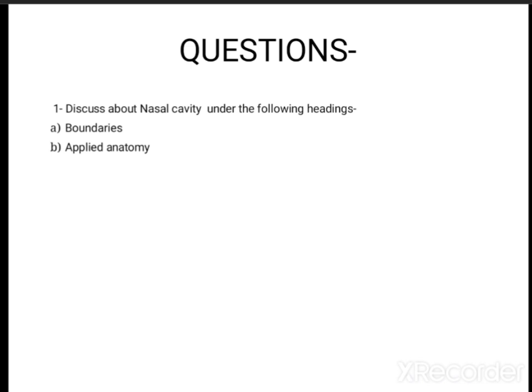In this point we have to mention all these boundaries, and then give some applied aspects. A minimum of 2 applied aspects are necessary for this question, and we also draw the diagram of the nasal cavity.